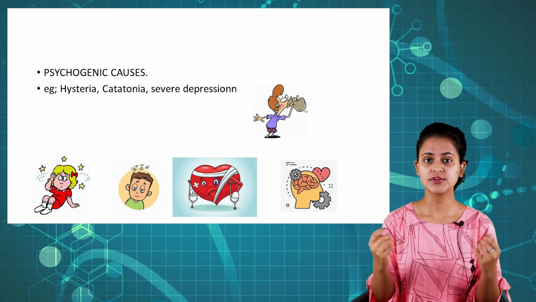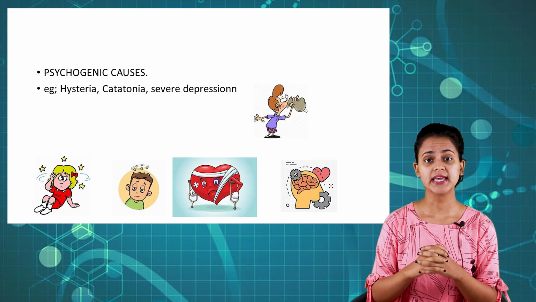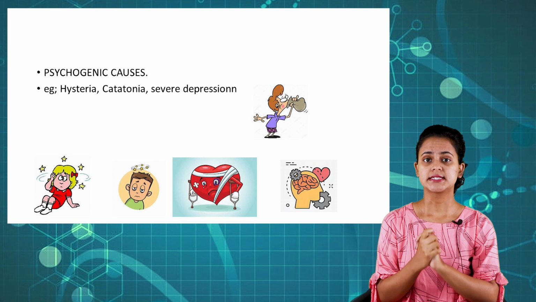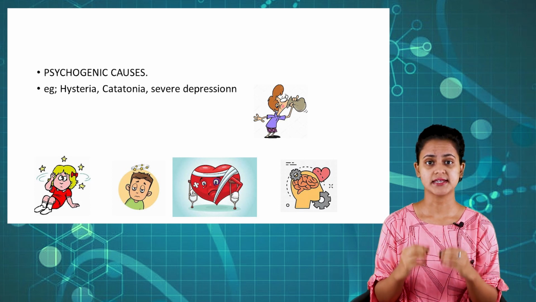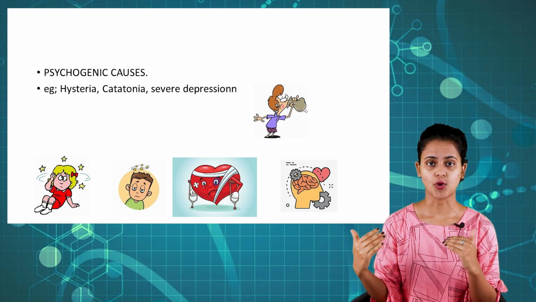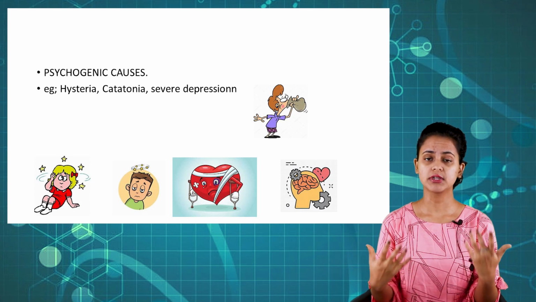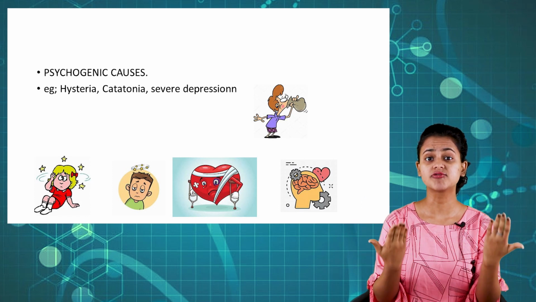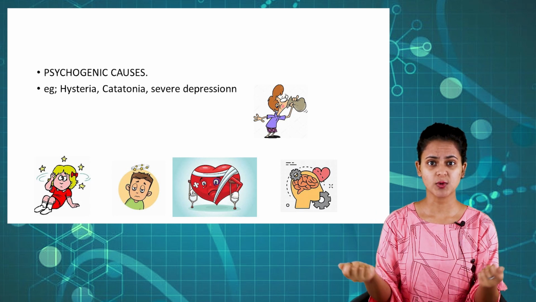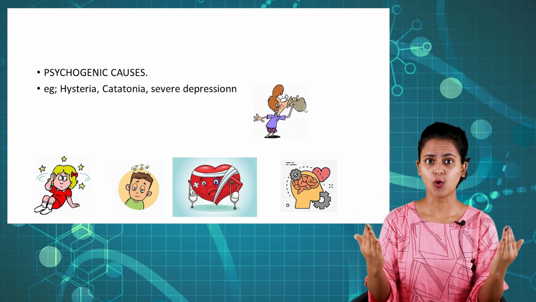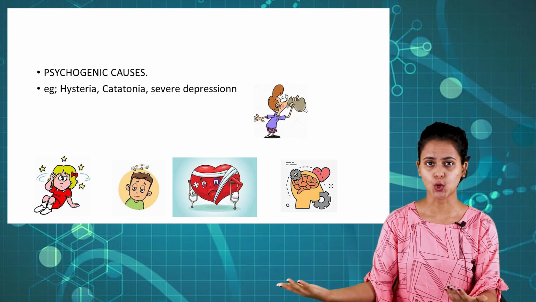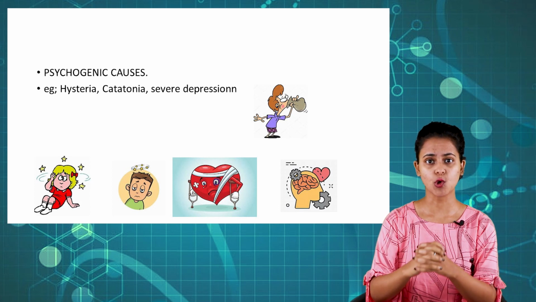Now we are going to learn which psychogenic causes can develop the condition of unconsciousness. Basically, hysteria, depression, and catatonia can lead to unconsciousness. Catatonia is considered a very rare cause. Severe depression is also rare and hysteria is also rare, but these can be associated with the development of unconsciousness for a client.